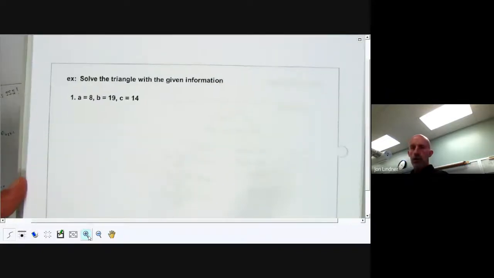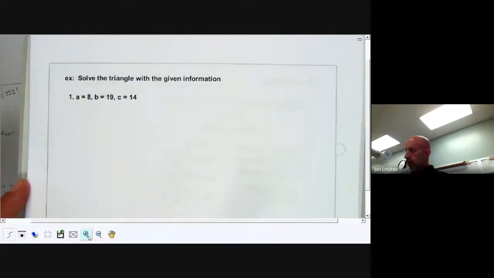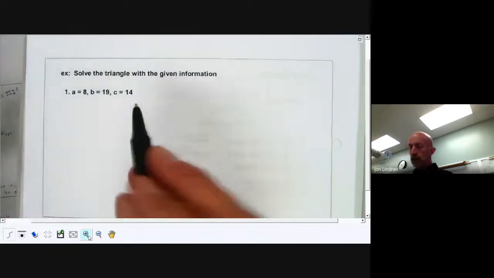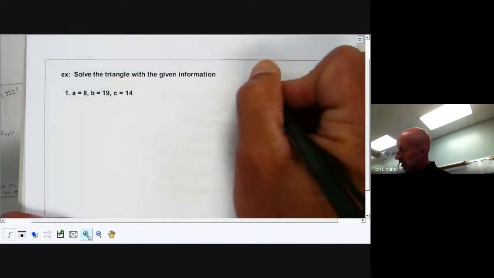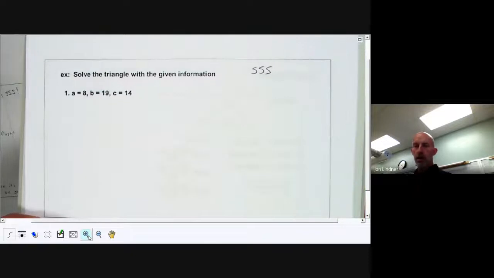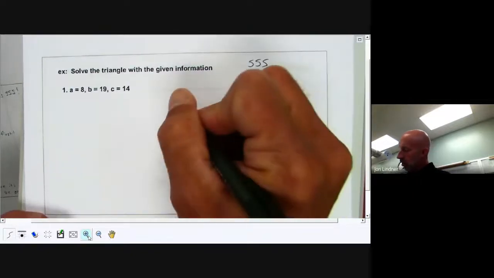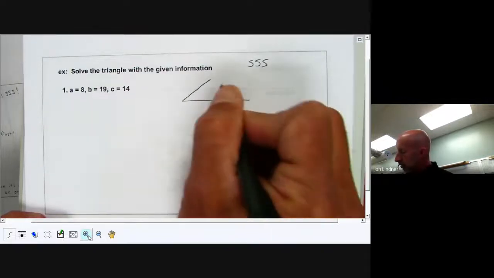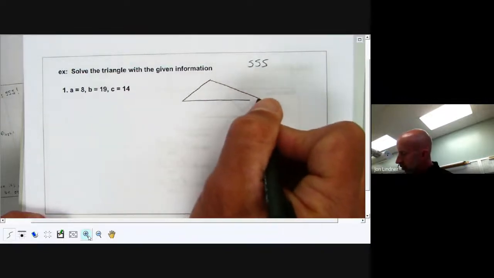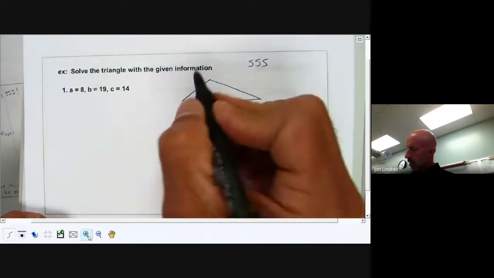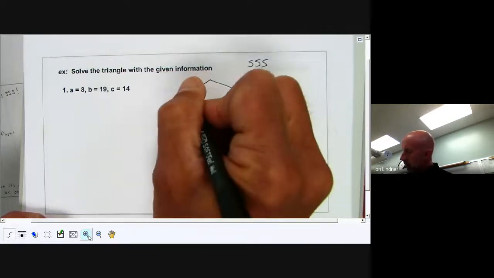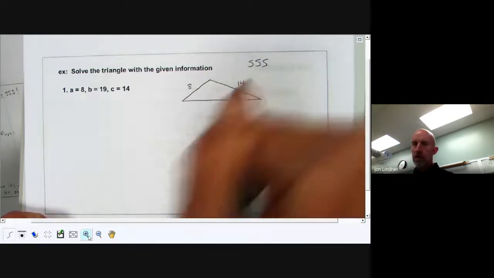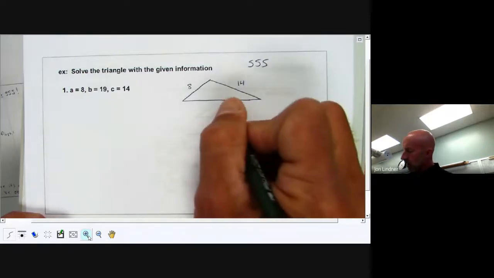Solve the triangle with the given information. So we're actually given three sides here. This is side, side, side. All right. So we draw a quick little sketch of our triangle. 8, 14, and 19.